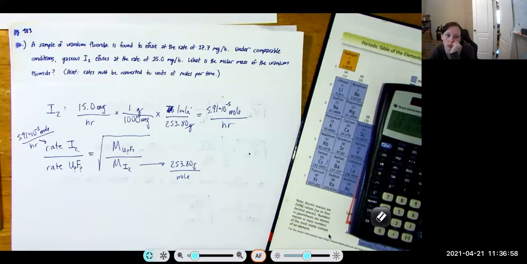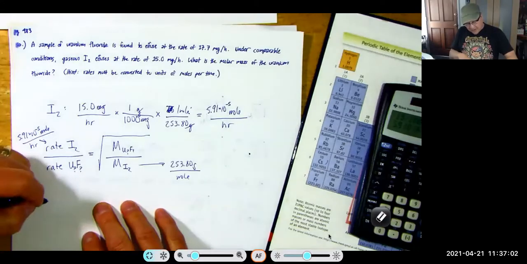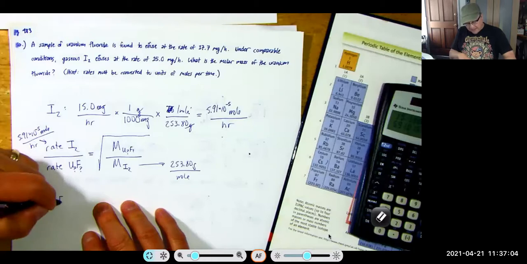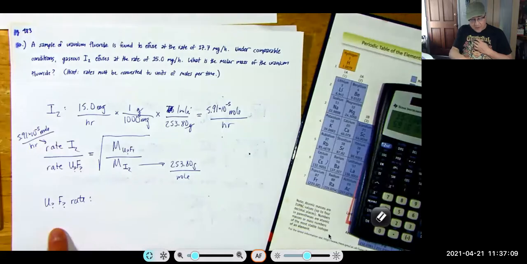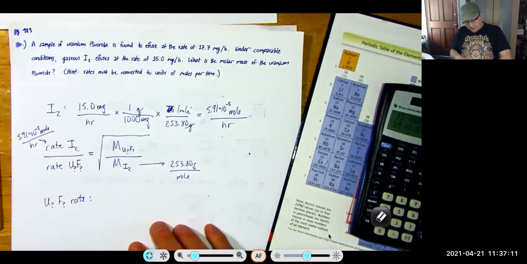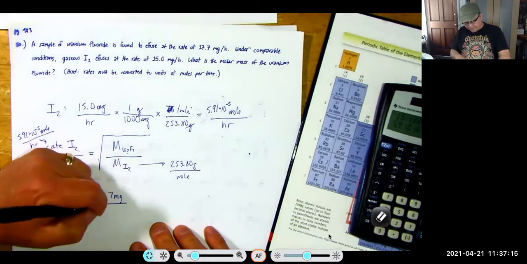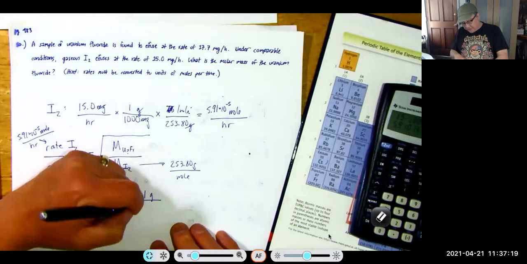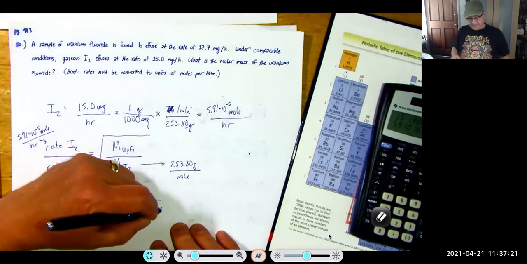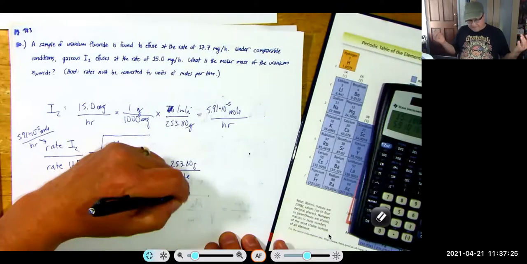So let's look at this U question mark F question mark, and let's figure out the rate the same way we did up here. So we've got 17.7 milligrams per hour, right? Times 1 gram over 1,000 milligrams, right? Times 1 mole over what?